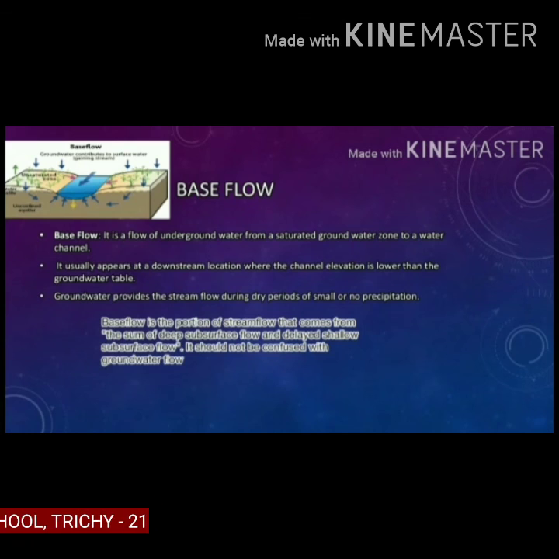Groundwater provides the stream flow during dry periods of small or no precipitation. Base flow is the portion of stream flow that comes from the sum of deep subsurface flow and delayed shallow subsurface flow. It should not be confused with groundwater flow.